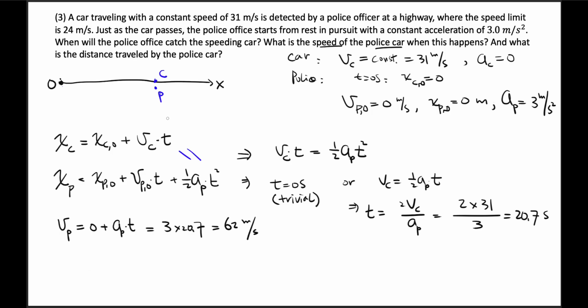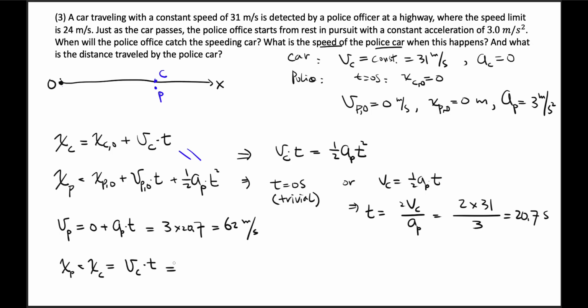Now how about the distance traveled? Distance traveled for the police officer and for the car are the same. So I'm going to just write down the final position or the distance using the speeding car times this t, right? Because that's easier.